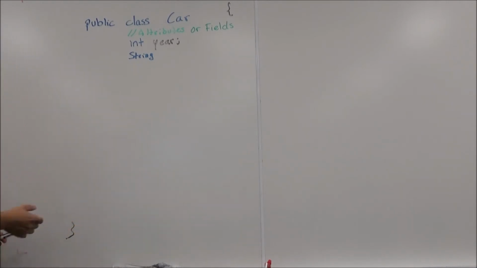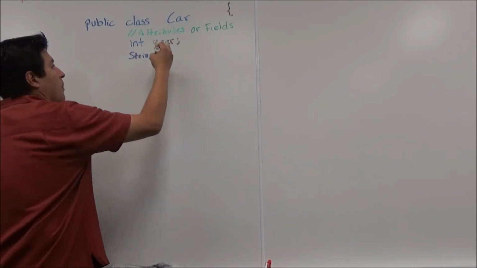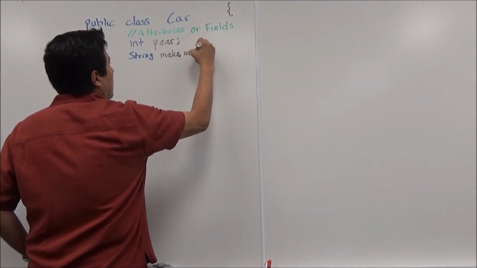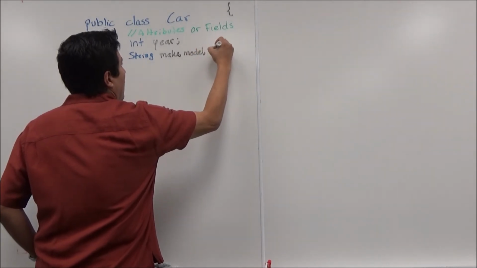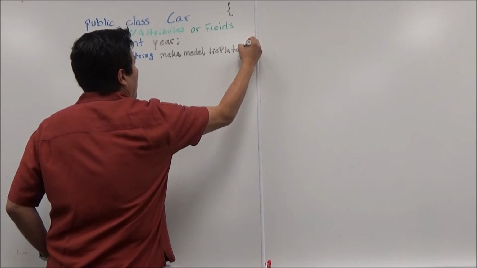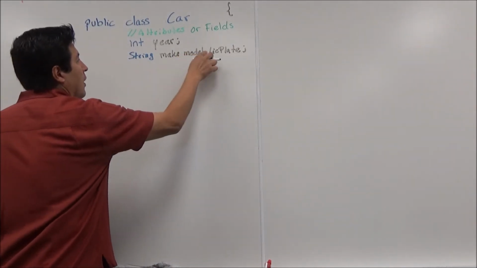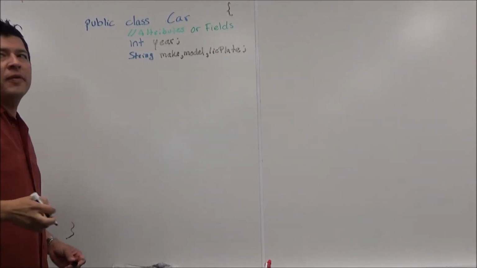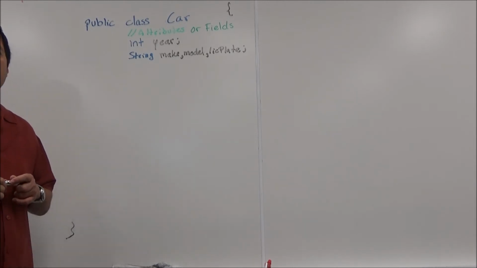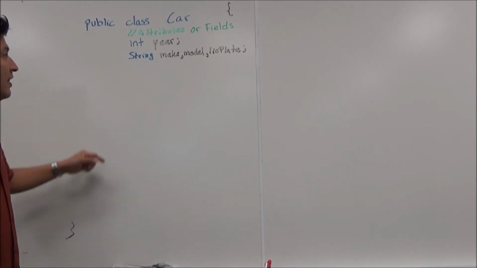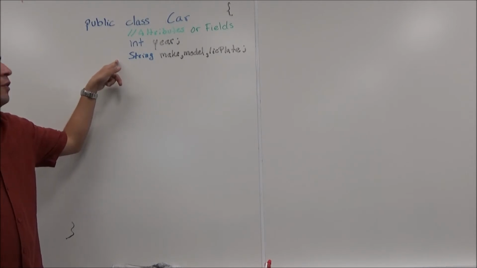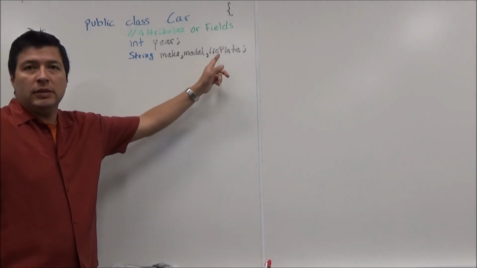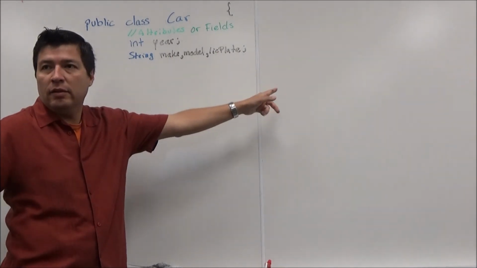So if I use a string, I can just say make, model, license plate, right? And notice I didn't make a string for all three of them. First, because I don't want to write that much. And second, they're the same type, right? They're all strings. So I can declare them. If they're all the same, I just separate them by commas. And I can declare as many as I need, all in one line.